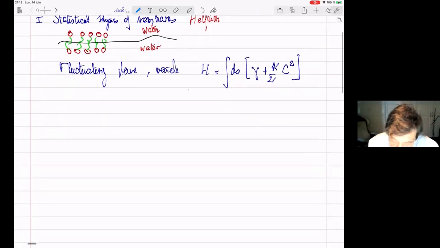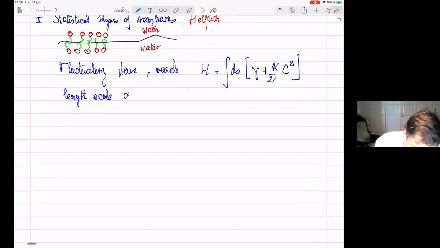Now there are two parameters in this Hamiltonian, the surface tension and the bending modulus. The bending modulus is an energy, so you can define a length scale that I will call D, which is the square root of the bending modulus divided by the tension, and I will put a 2 here that you will see later.